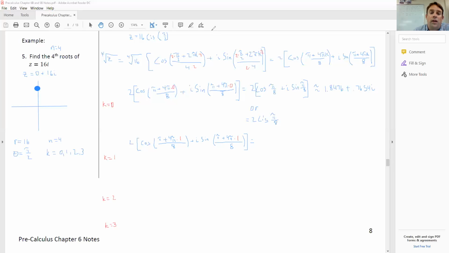So 4 pi times 1 is 4 pi, plus pi is 5 pi. 5 pi over 8 is not going to be on the unit circle, so I can go ahead and leave that as 5 pi over 8. Looks like I'm counting by 4 pi over 8, so I've got a feeling my next one is probably going to be 9 pi over 8.